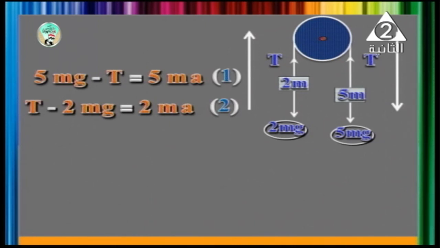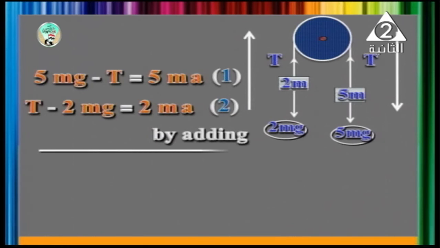My dear student, look at the two equations. 5mg minus T equals 5ma. Second equation, T minus 2mg equals 2ma. By using addition, 3mg equals 3ma.